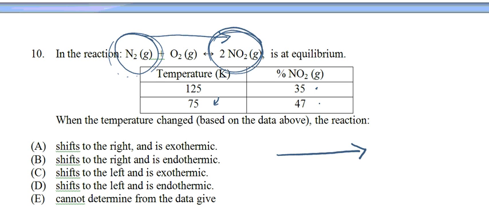However, when the temperature changes, the reaction will shift in the direction that will favor the new constant. So we want to treat energy just like a reactant or a product. It can't be both. It can't be exothermic at this temperature and endothermic at this temperature. It's either endo or exo.